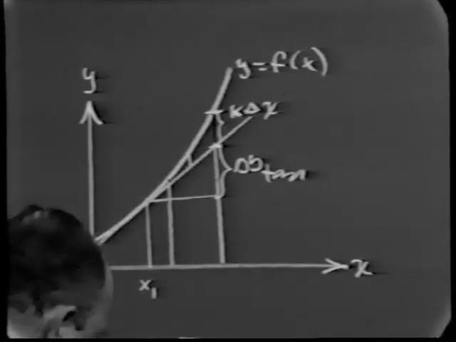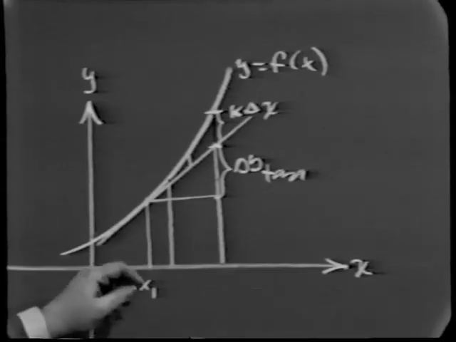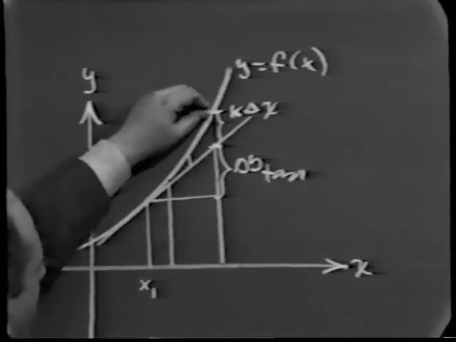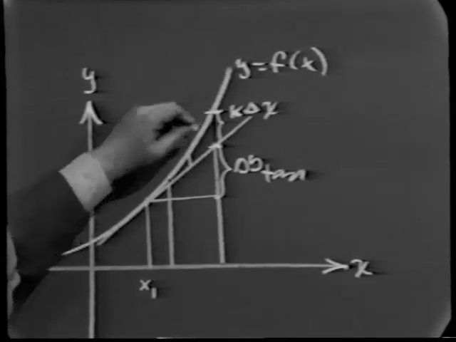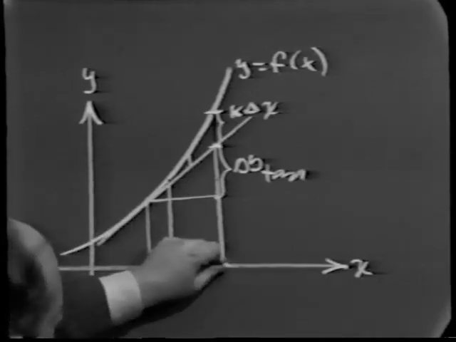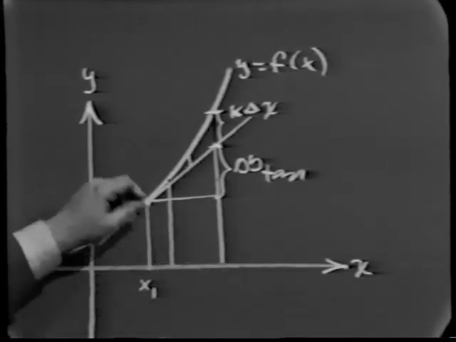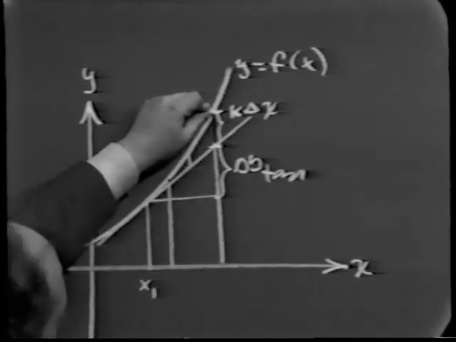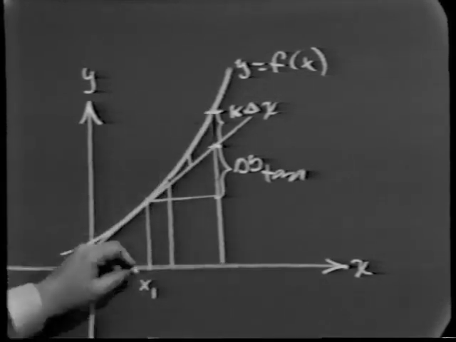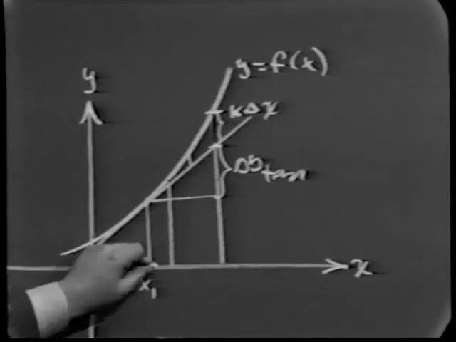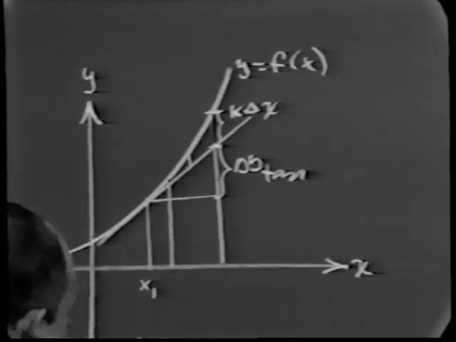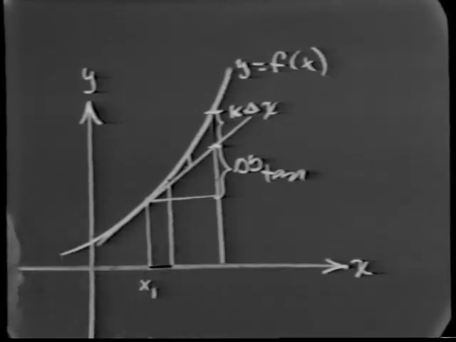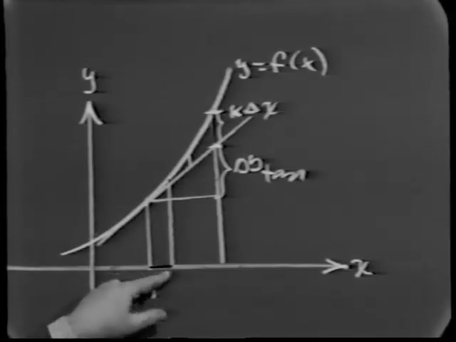Now, how can I prove that? Well, I'm not even going to try to prove that. What I'm going to try to do is have you see from the picture what's happening here. See, here's a fairly large delta x. And the difference between delta y and delta y tan for that large delta x is this length over here. Now suppose we take a smaller delta x. In other words, let's take delta x to be this length over here. Notice that the length of delta x here is still quite significant.